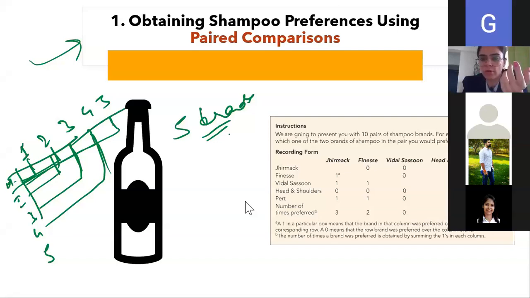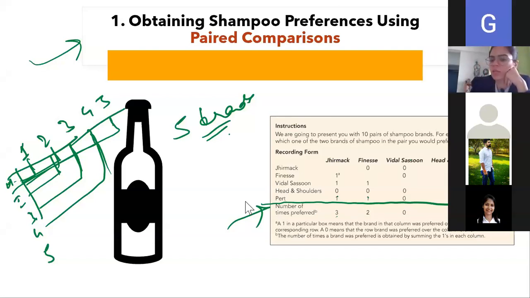And what you do after that is you calculate these numbers. 1, 2, 3. 1, 2 for Finesse. Vidal is 0. And then Head and Shoulders is 4. Based on this you get this number and rank them. You can rank them by the number of times preferred.